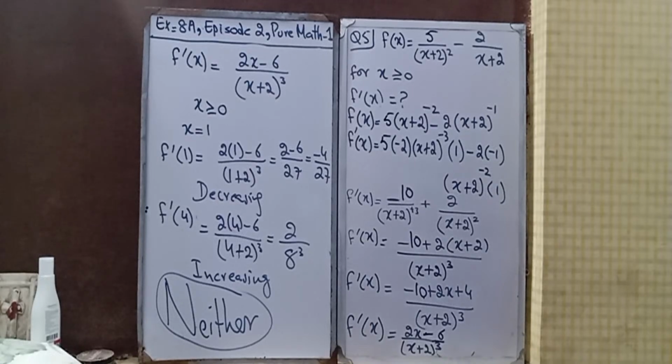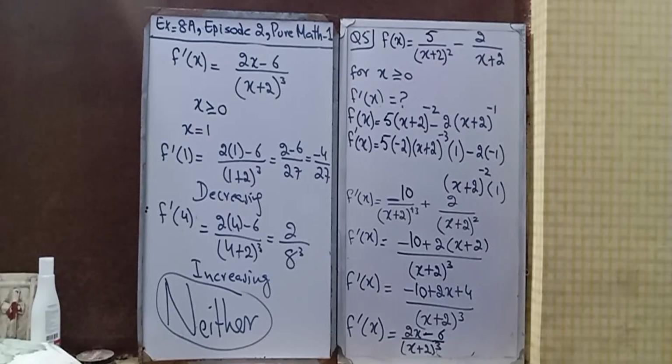Find an expression for the derivative of the function and determine whether f is an increasing function, a decreasing function, or neither. So our answer is neither. A little complication in it, but not that difficult. I hope you understand this.